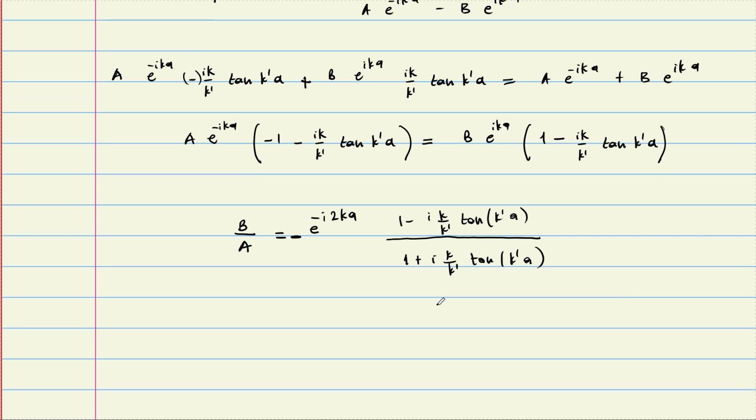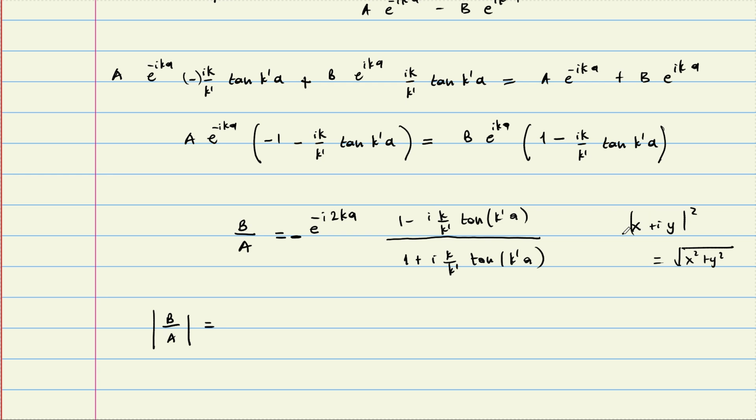Part B is asking you to calculate the modulus of this thing, like what is the modulus of B over A? The modulus of minus 1 is 1, the modulus of e to the i anything is 1, and now we are trying to calculate the modulus of this. The modulus of a complex number x plus i y is the square root of x squared plus y squared, right? Forget about i, just take the squares of x and y.